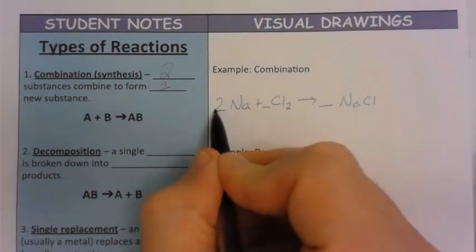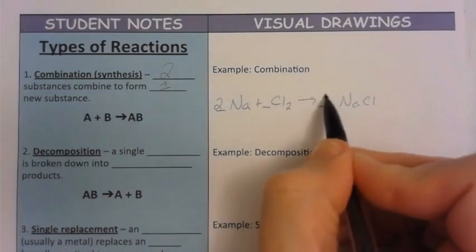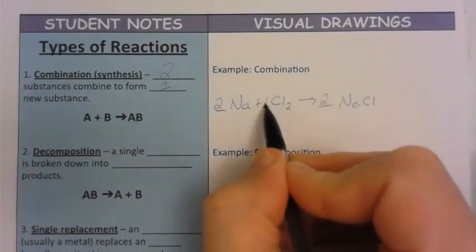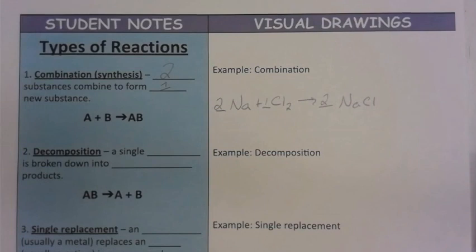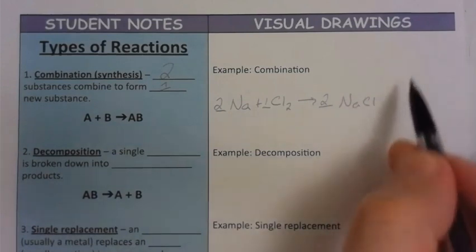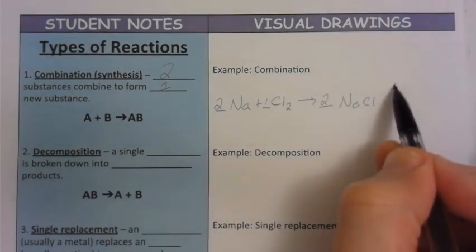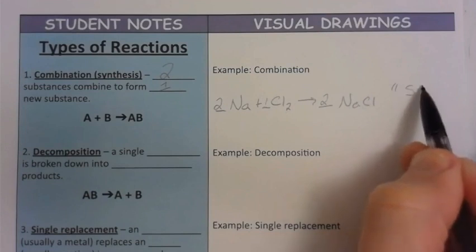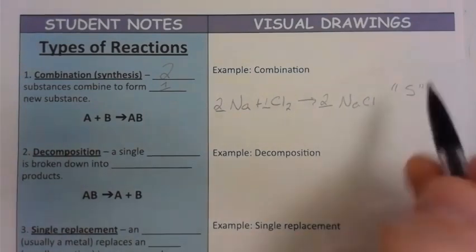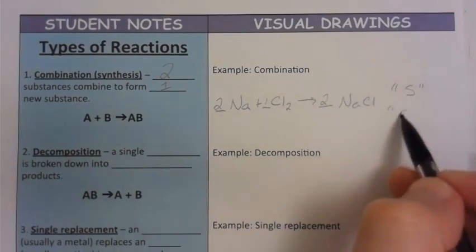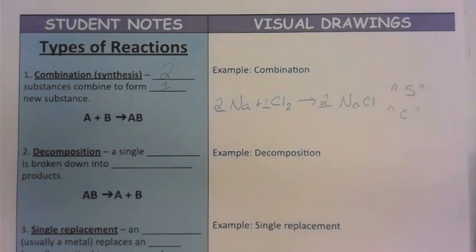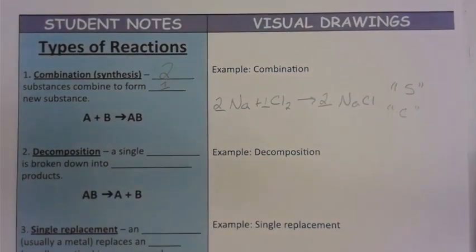So again, we would say 2Na and then 2NaCl to balance out that reaction. So anytime we see that everything combining is only forming one product, we would call that a combination reaction. And oftentimes we would abbreviate that with an S for synthesis, or sometimes you'll see it as a C for combustion, but you'll see why later on. I usually avoid the C.